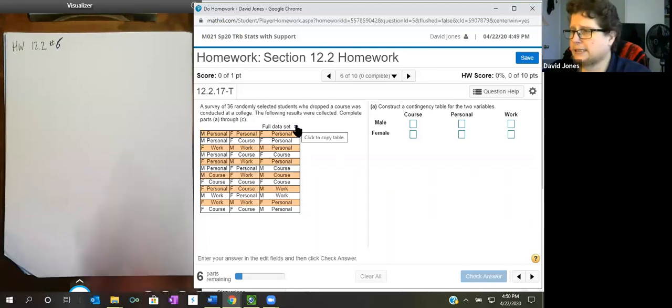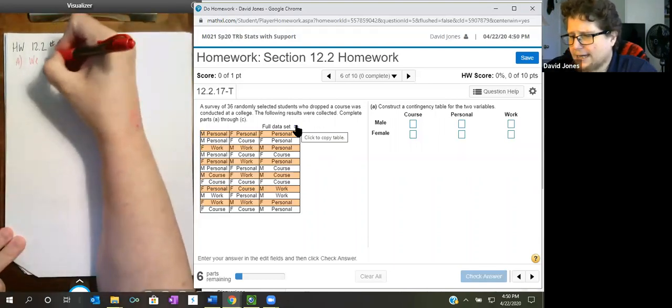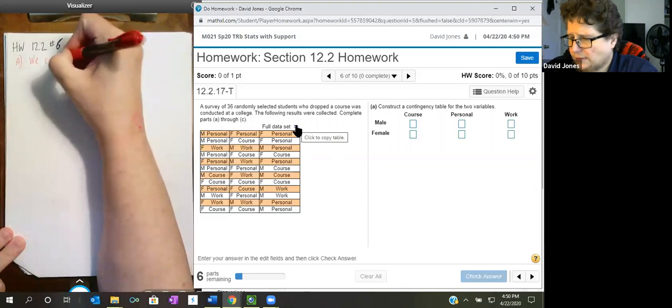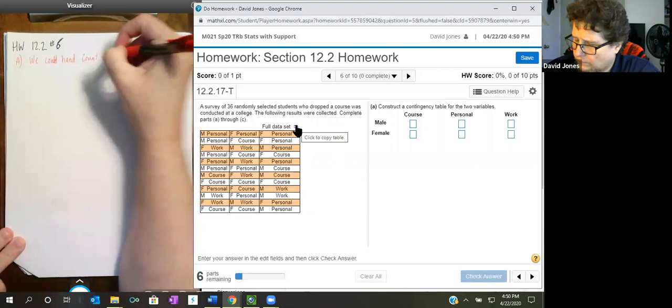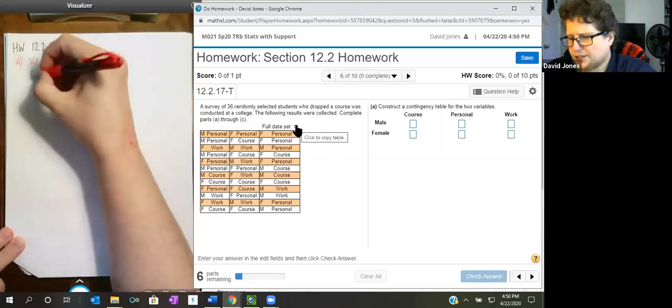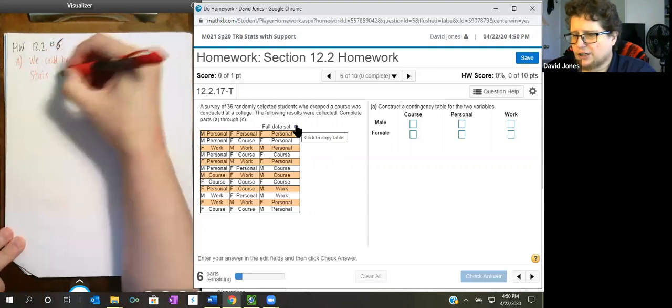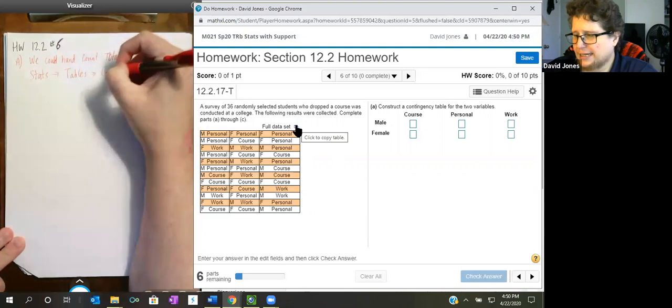So part A, we could hand count the totals. But I don't want to do that. Let's load this into StatCrunch and we're going to do Stats, Tables, Contingency.